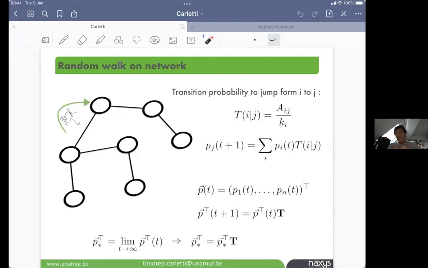So imagine even a simpler example where the network links are created and destroyed, say randomly in time, and you want to jump. So you have to choose among the links that are available at that point. But then there are several subtle questions that arise. For instance, how long does a link last? Is it instantaneous or not? If not, how long does the jump last? And then how long does the walker stay on a node before jumping?